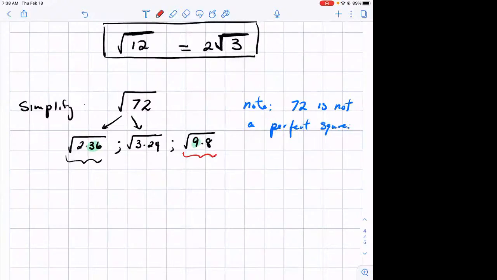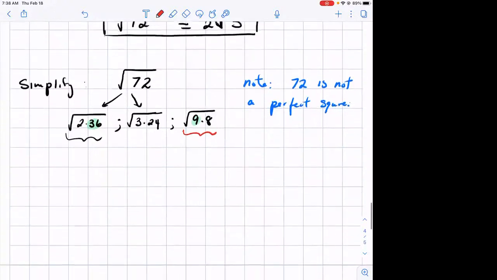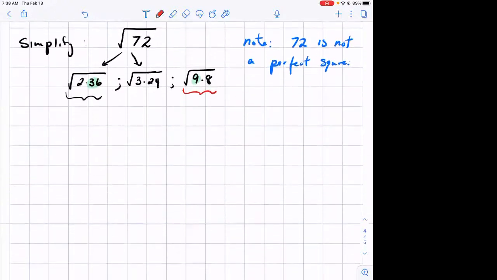Your problem becomes a little bit longer. You can use either or. So I'll do this problem twice using different factors, and you will see the difference.